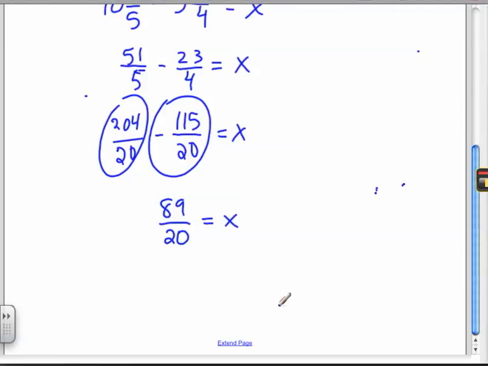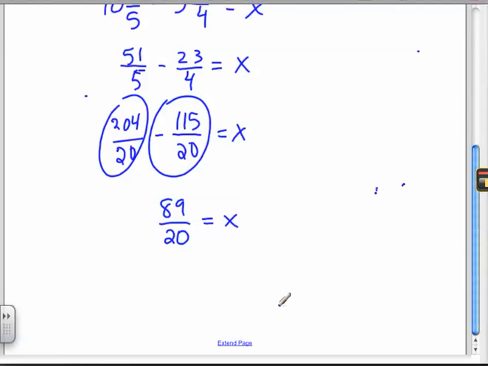But since they're talking about miles left to hike, how can I change this so we'll know how many miles we have left, like the problem they gave us at the beginning? What do I need to do, Ross? Well, you have to change it to a mixed number. And what is it as a mixed number? It's going to be something over 20. How many times does 20 go into 89?